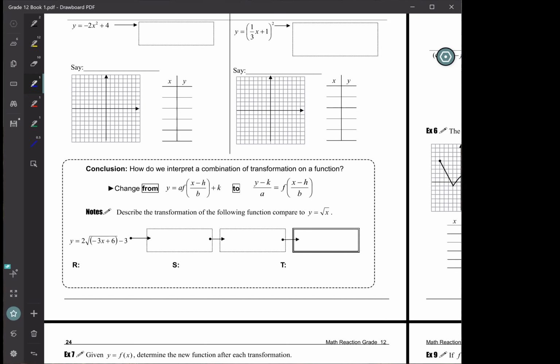Number between 0 and 1 compress. Subtract up and right. Adding down and left. Okay, very good.